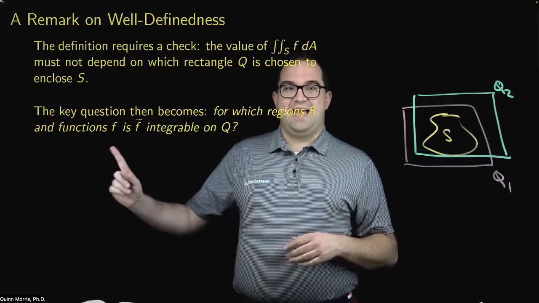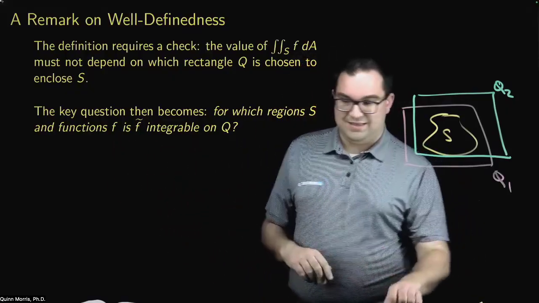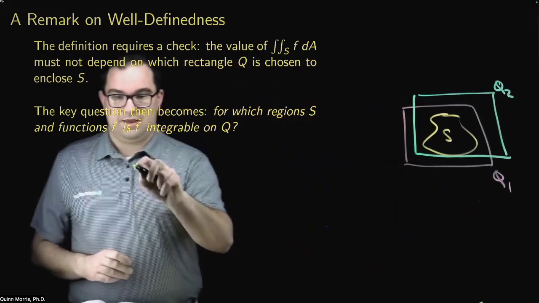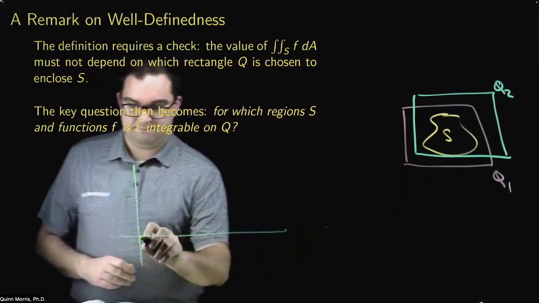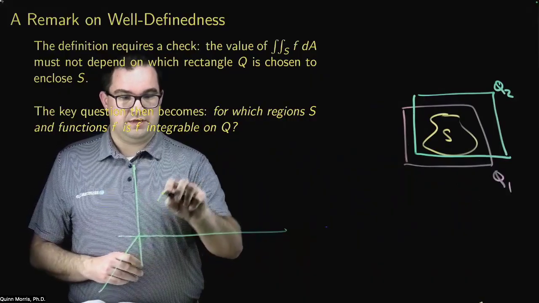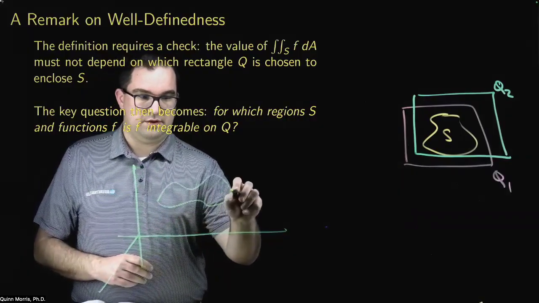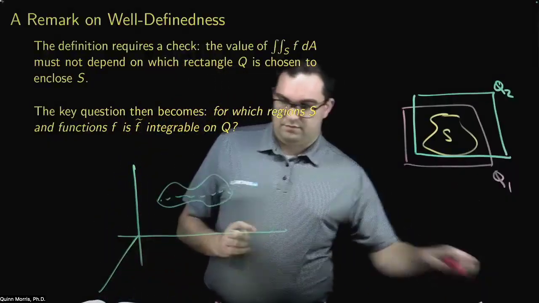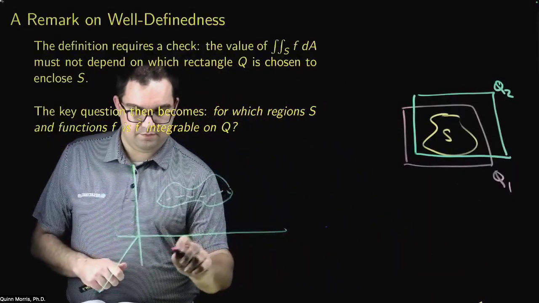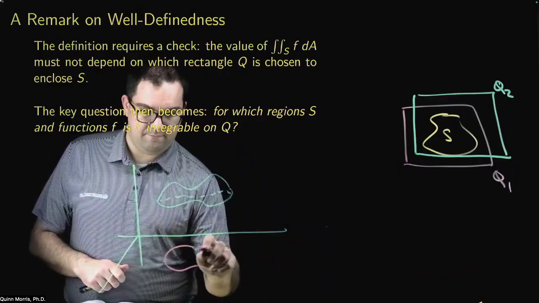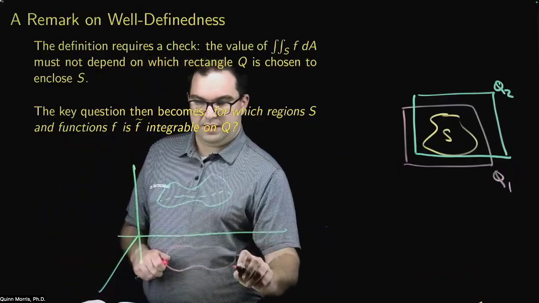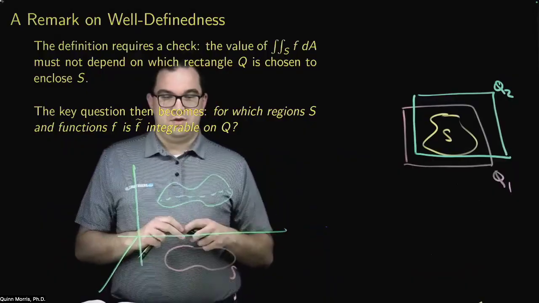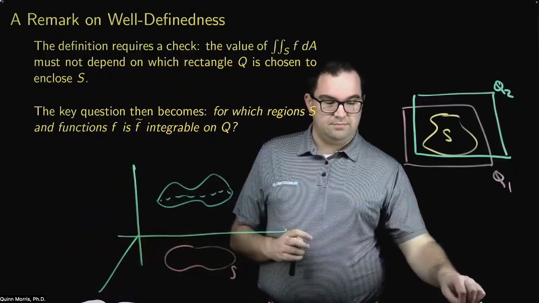However, if I take a function f which is continuous on S, so imagine some sort of surface defined on some set S in the plane. There's my function f. This is a nice continuous function.